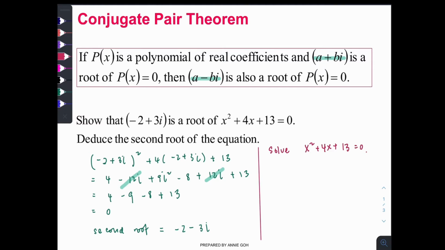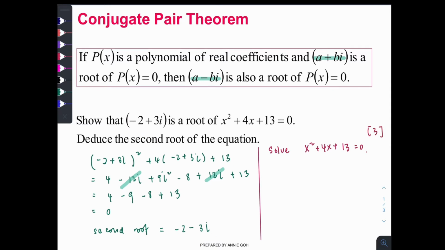For this equation, if you try to check by using your calculator, the calculator will show you that the answer is actually in complex number. The calculator will show you these two roots, negative 2 plus 3i and negative 2 minus 3i. But during the exam, of course, you can't just write the answer straight away from the calculator, because this type of question will actually give you about 3 marks.